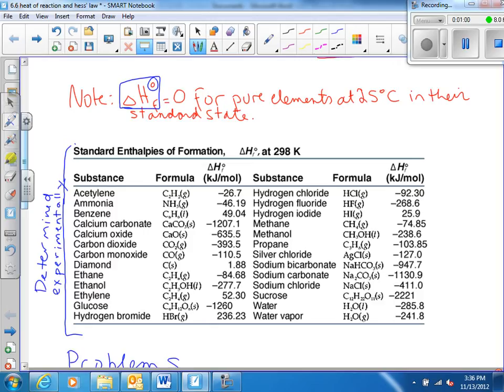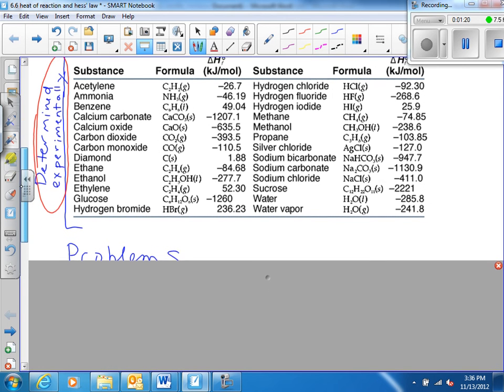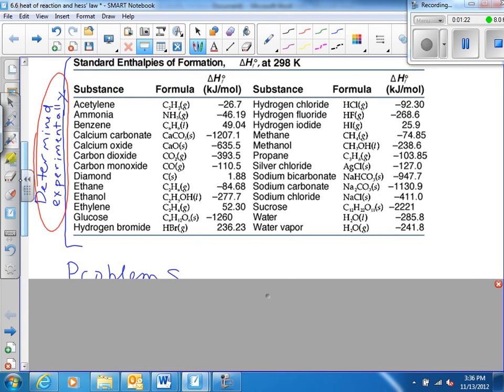One of the important things that you need to know is that all the values in this table are determined experimentally. And then they're put into these lovely data tables, and we use them for solving thermodynamic problems. So we're going to use this data for some problems.